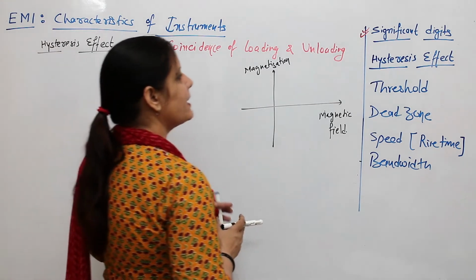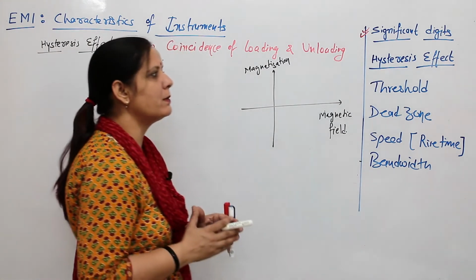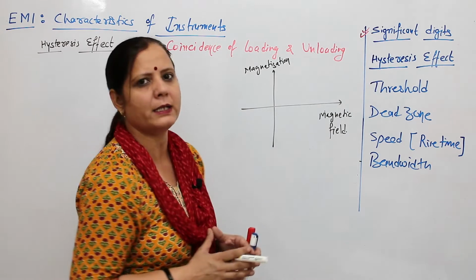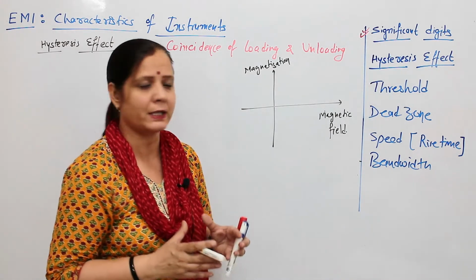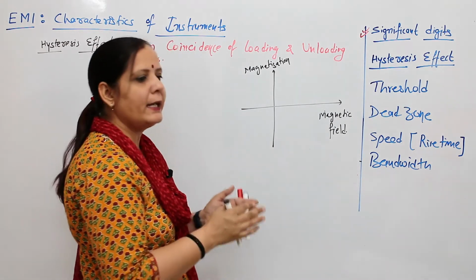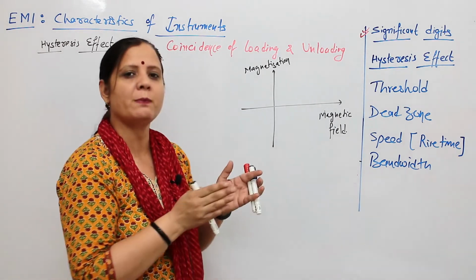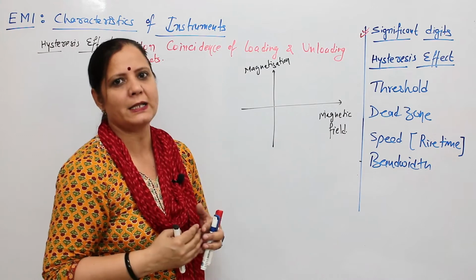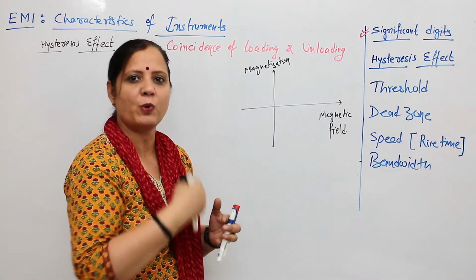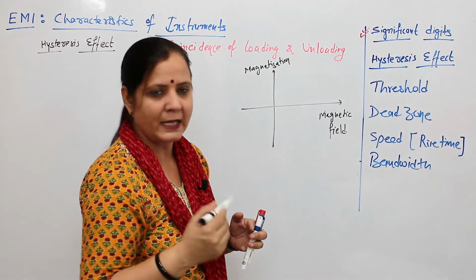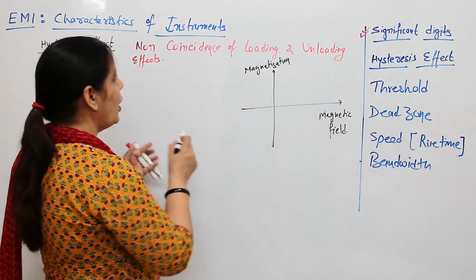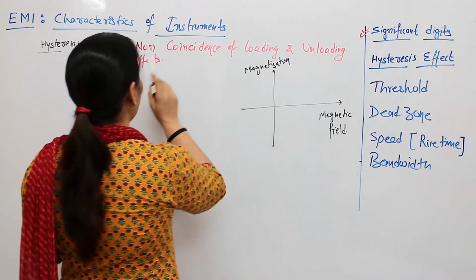Your measurement system or measurement unit is based on a physical phenomenon, either a magnetic field, electric field, polarization of the material, etc. And if you apply an excitation, you get some response. When you remove that excitation, maybe the response does not follow the same manner as when you initialized the process, and there is non-coincidence of loading and unloading effect.